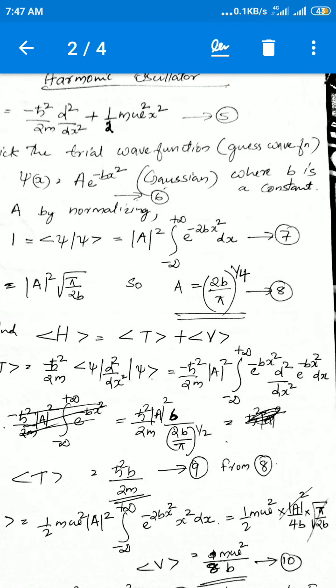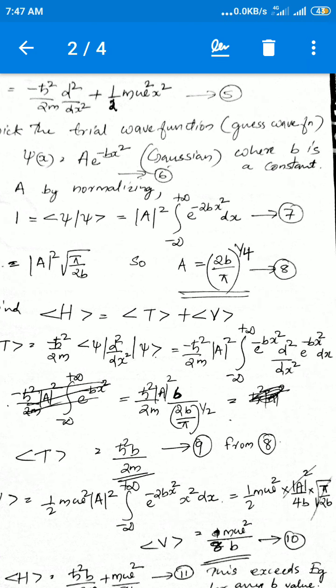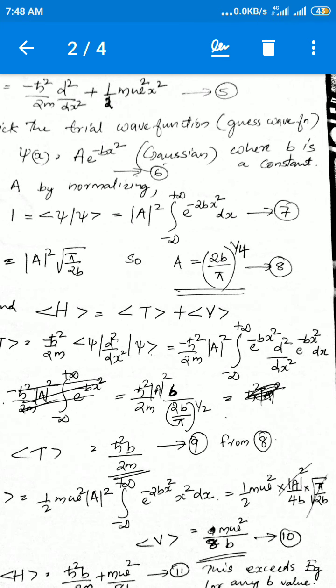When you take the value of the integration there, you will get h cut square by 2m modulus a square into b, or you can otherwise write b into root of pi by 2b, and that will be minus also. So remember the answer of this is also an identity.